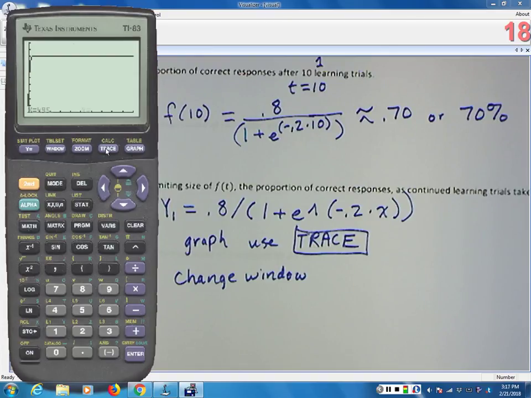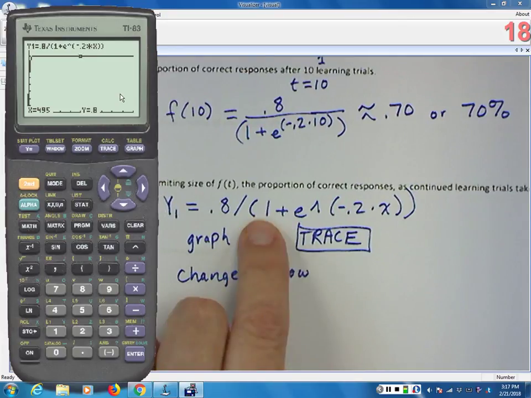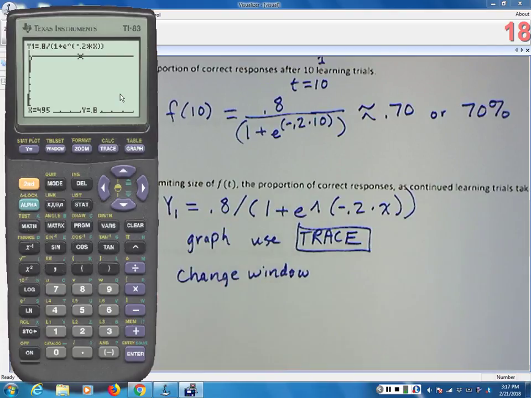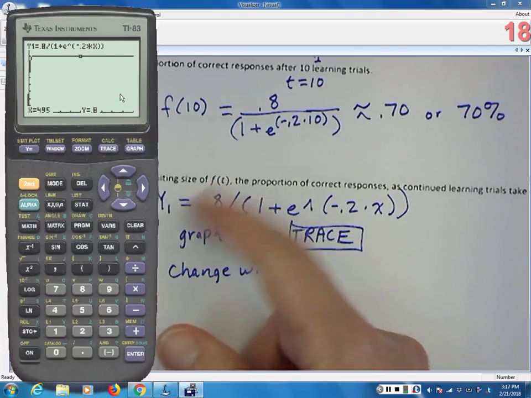And then if we hit trace, this is the limiting size. We're way out here. We had to put huge numbers for x in, but we had to change the window to even see it. But as long as this is a 1 here, the limiting size will always be 0.8, or whatever this is.